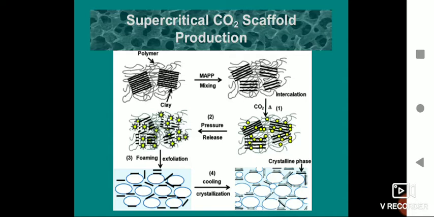When this clay and polymer are mixed together with another protein, it leads to intercalation of the polymer with the clay molecules. And when this structure is exposed to supercritical CO2, it leads to bonding of the clay particles along with the polymer.